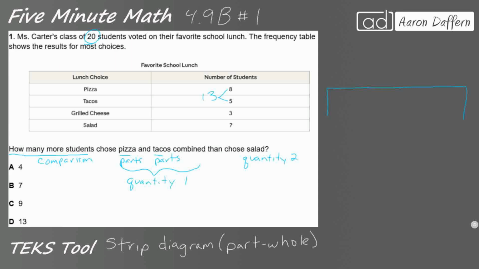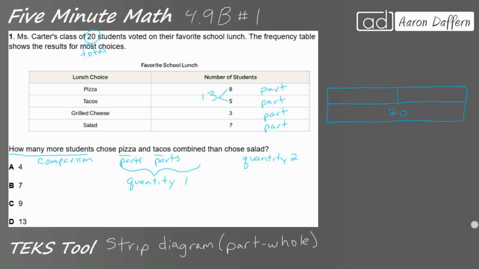So I'm going to draw it with my total underneath. You can have your total above. You can have your total a part of the strip diagram or even outside of the strip diagram. So I'm going to put my 20 because this is my total. And now what I can do is label each of these as my parts, and I can use this to figure out my missing number for my salad.